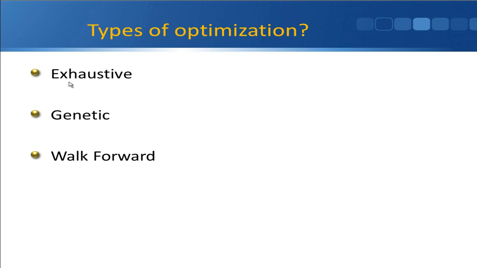How effective do you think that is, and how robust would that be going forward? If it's exhaustive testing, so we test every single input and we highly calibrate our system, what's the likelihood that we're going to have success going forward?